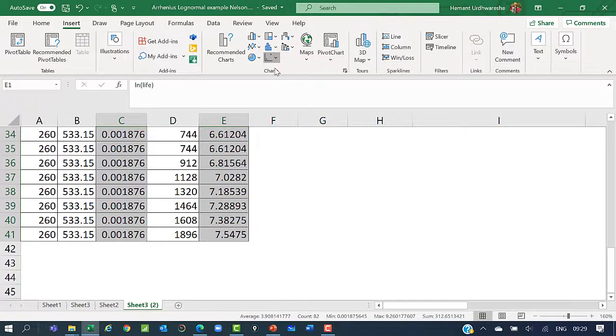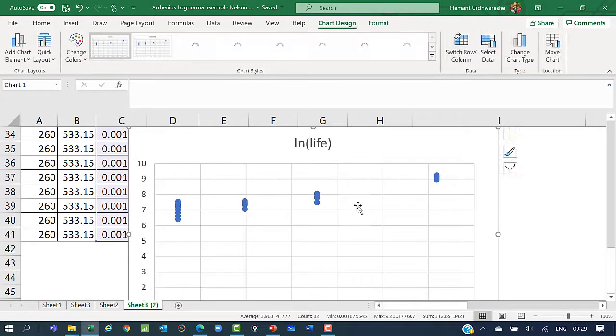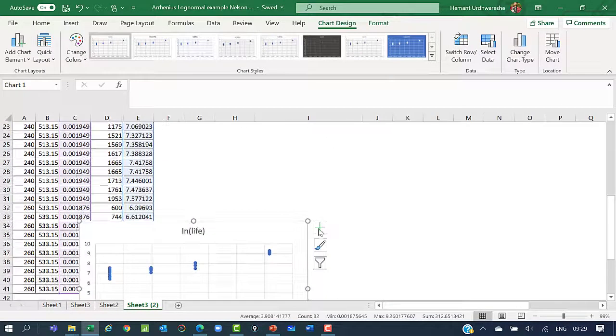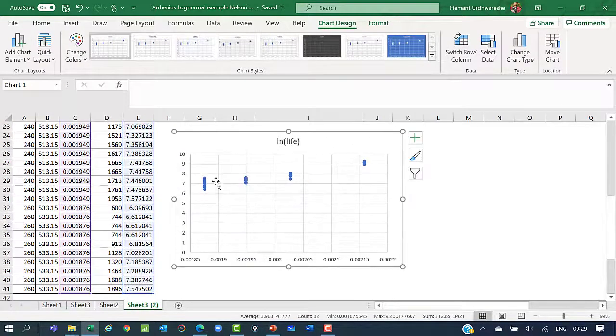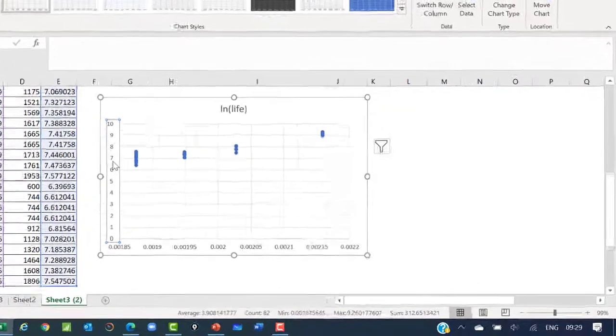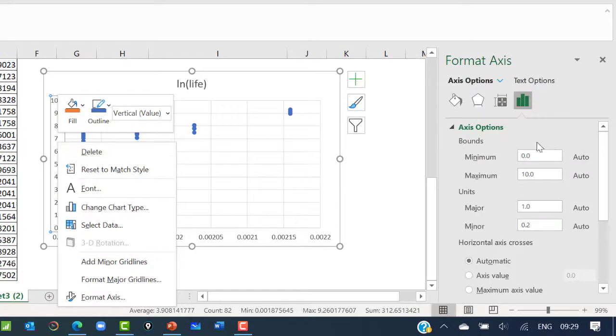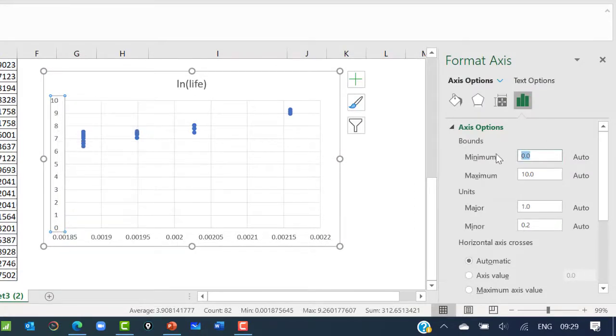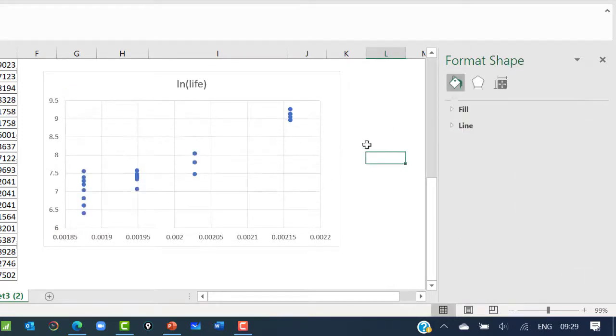Now this is expected to be a straight line. Let us see what we find. So I change the scale of the y-axis suitably. The minimum need not be 0. We can start at 6 approximately.